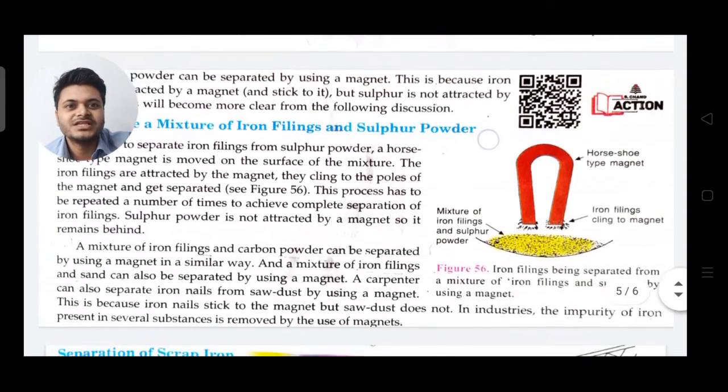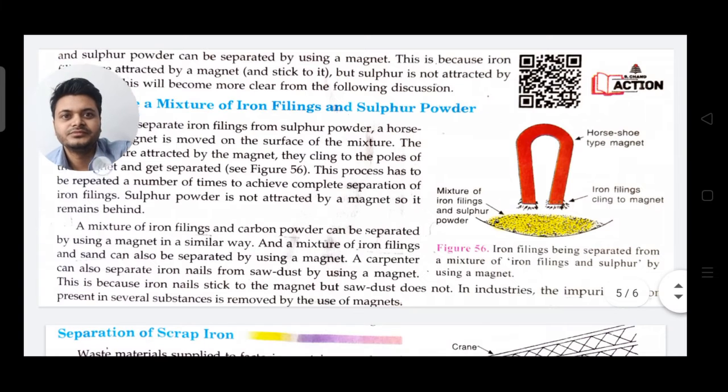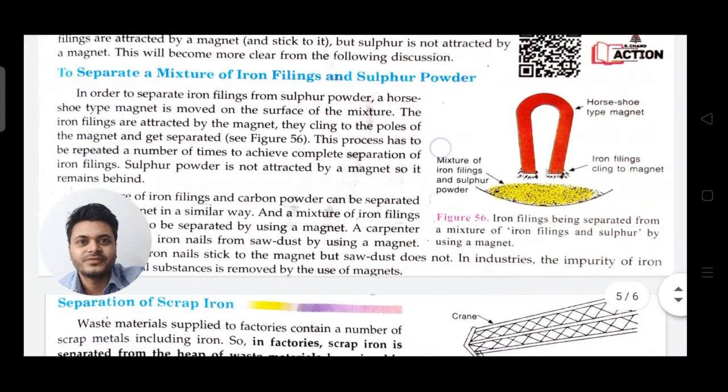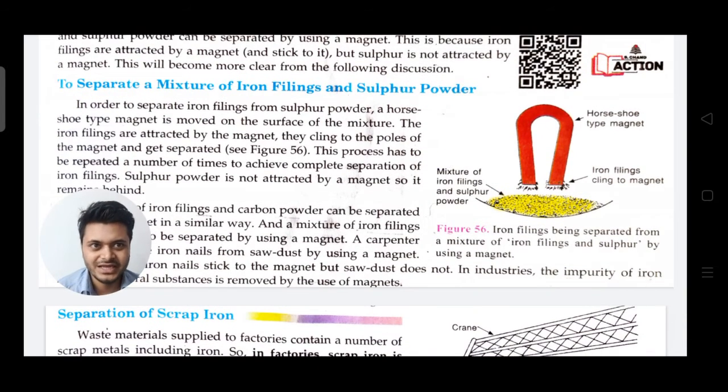So here is one experiment showing how to separate a mixture of iron filings and sulfur powder. On the right-hand side, in figure 56, you can see the iron filings being separated from a mixture of iron filings and sulfur by using a magnet. If I bring the magnet in front of the mixture, all the iron filings get attracted by the magnet.